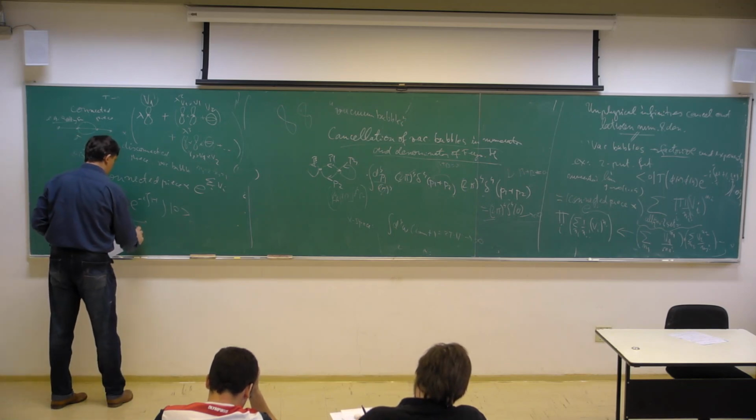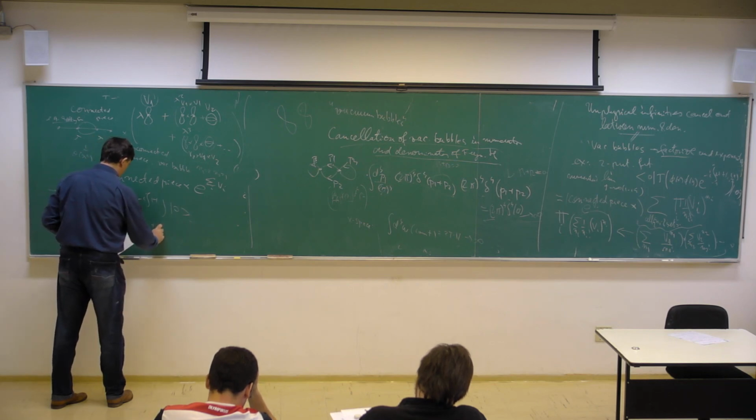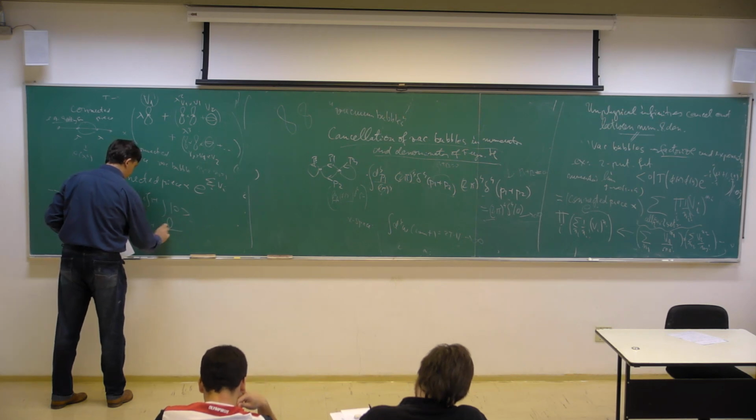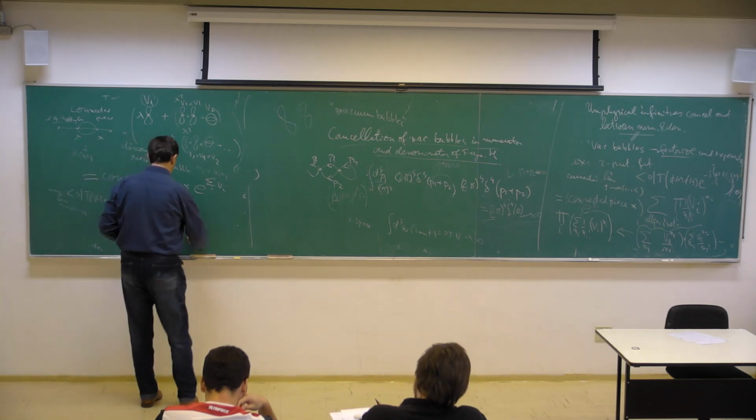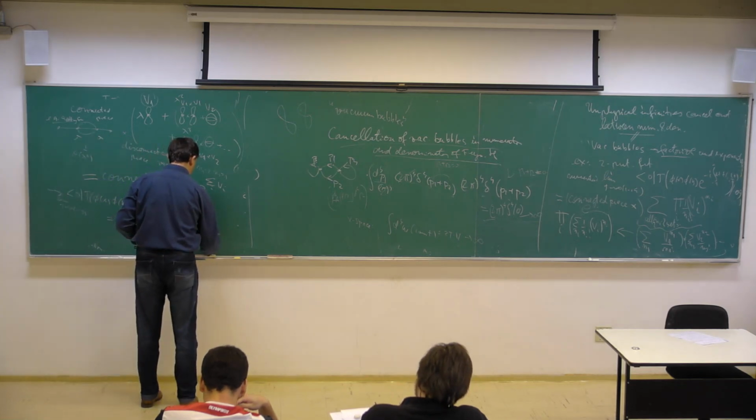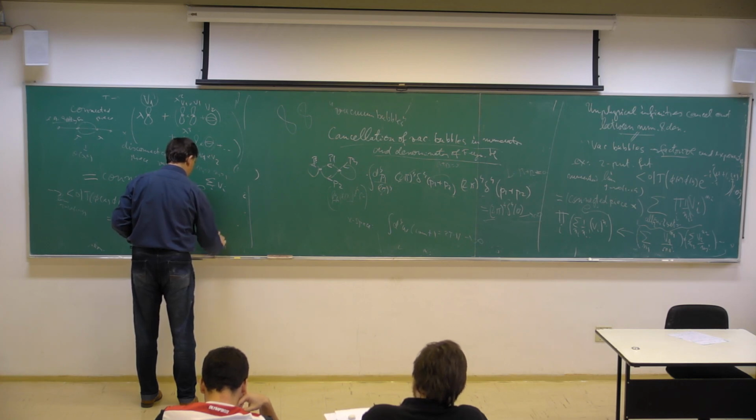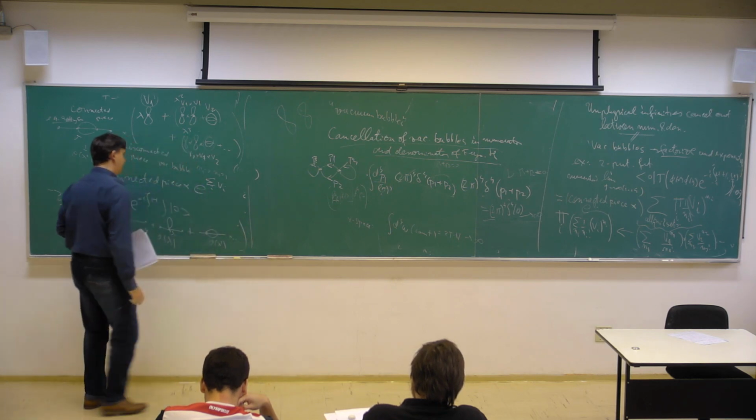So let's say at order lambda 0 I have this, at order lambda I have this, and then at order lambda squared I have this setting sun and perhaps more, and so on.